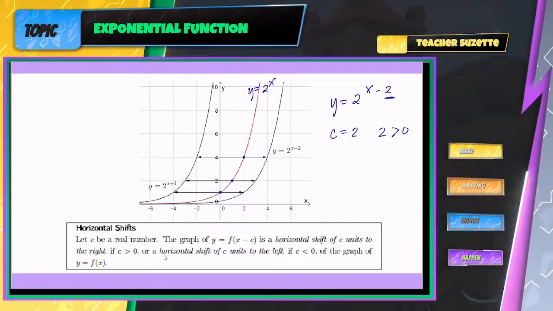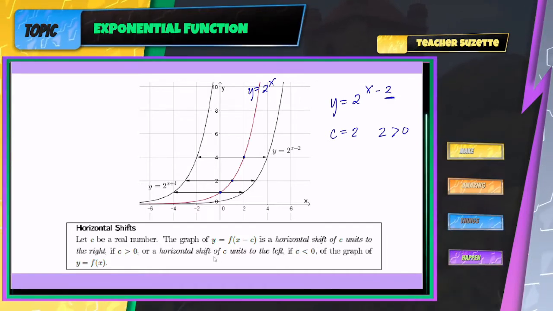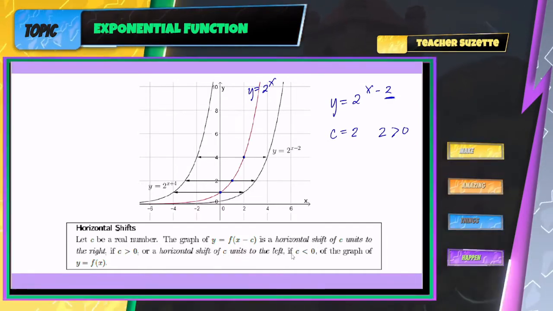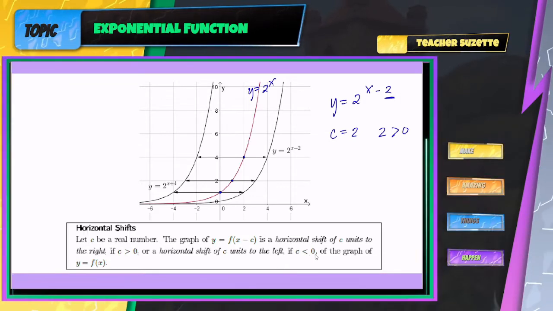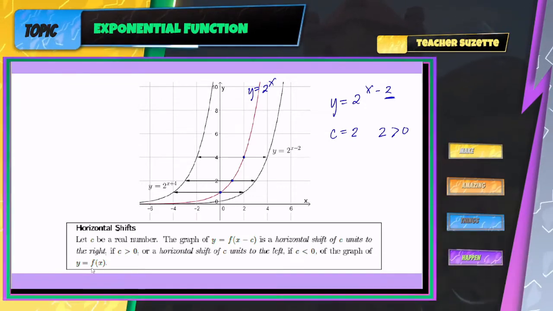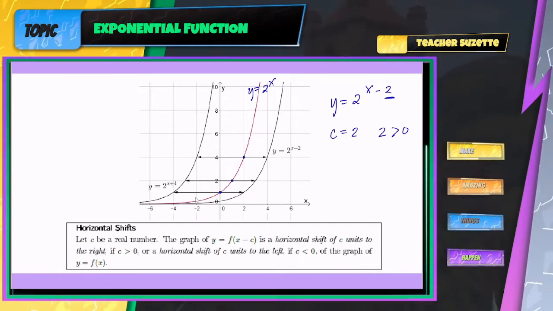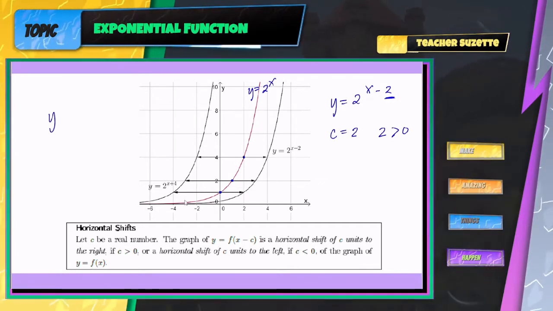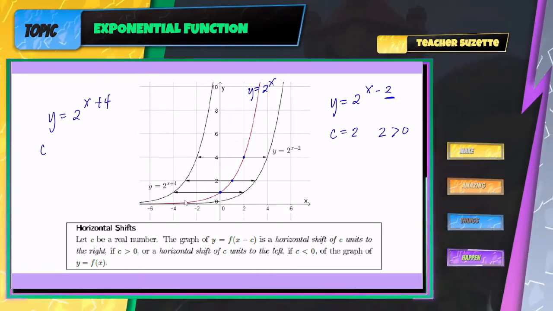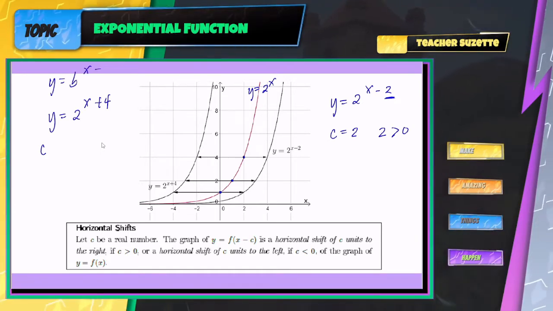Next, meron din tayong tinatawag na horizontal shift of c units to the left naman if our c is less than 0 of the graph of y is equal to f of x. So for this example, that is the graph of y is equal to 2 raised to x plus 4. So you might be mistaken that your c here is 4. So, akalain nyo siguro na shift siya to the left. Remember that the form is y is equal to b raised to x minus c.